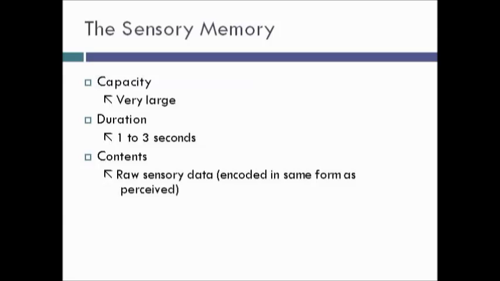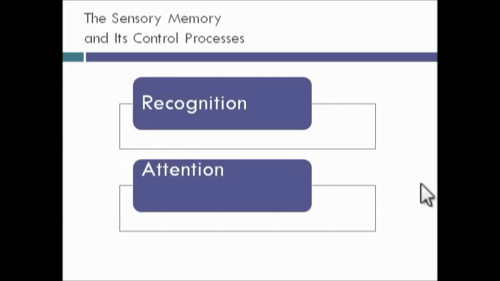Now we will talk about the sensory memory's control processes. The first process is called recognition. Recognition means noting key features of a stimulus and relating them to already stored information. Second is attention. Attention means selective focusing on a portion of the information currently stored in the sensory register.